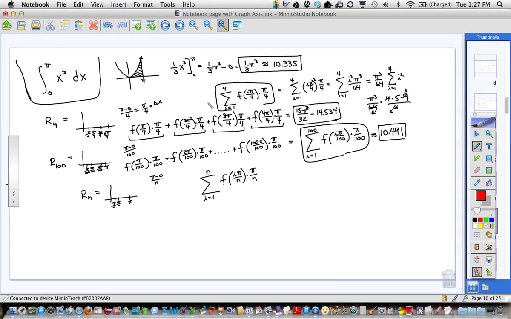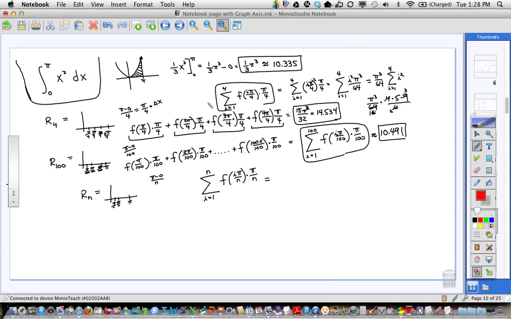Now, this is a little harder to think about putting in your calculator because we're not going to get an actual number, you don't think, because these n's are in here. How can we get an actual number if we don't have a number of rectangles? If we have an infinite number of rectangles, how in the world can we actually get a number? Well, here's where these formulas come in, and we're going to do it like we did up here.